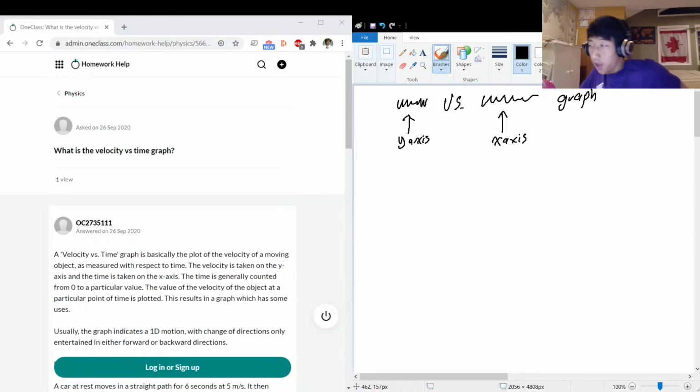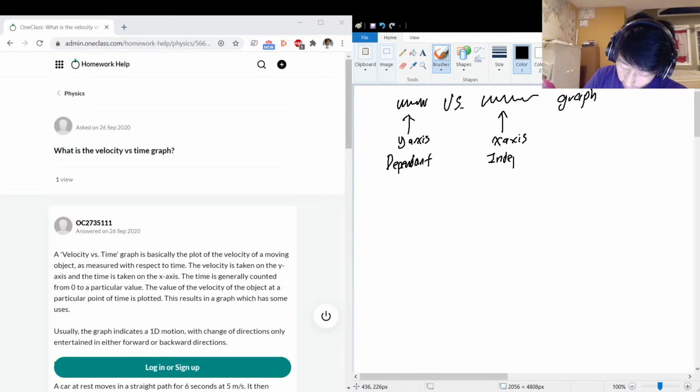Okay, so the dependent variable, the thing that depends on the independent, comes first.